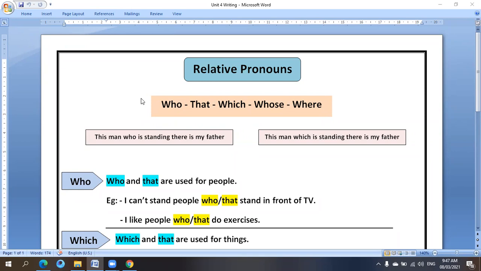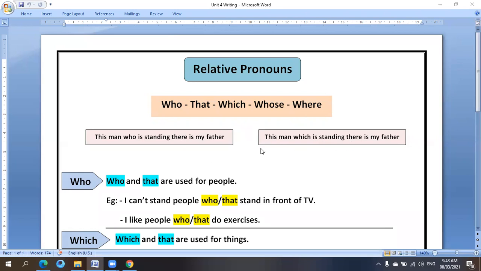Excellent. All of you who wrote on chat, excellent. All of you are right. Ahmed, do you know which one is the right one?